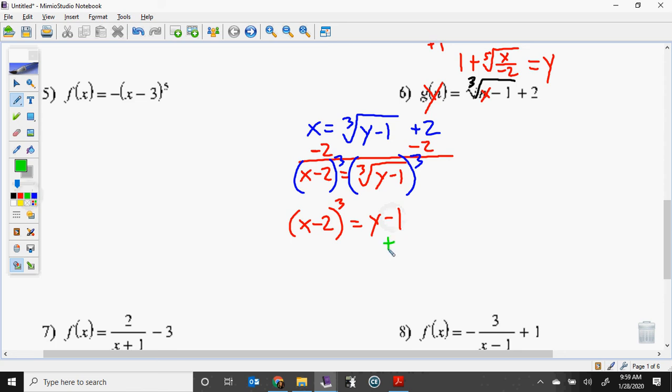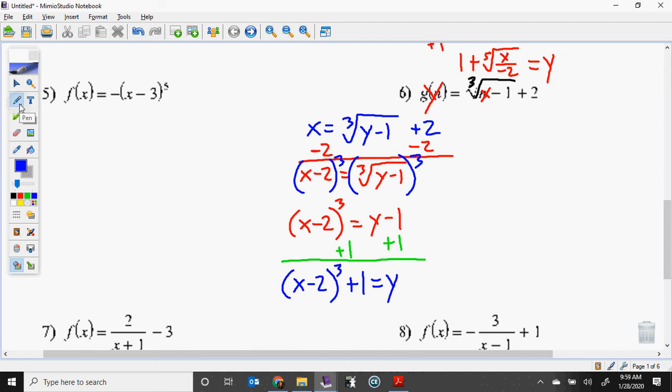I'm going to add 1 to both sides. And again, I cannot add the 1 inside that parentheses because I'm not cubing the plus 1. So I'm just going to leave it x minus 2 cubed plus 1 equals y. And then to write our final answer, I'm going to say f, or actually, no, just to stay in the same context of what they gave me.